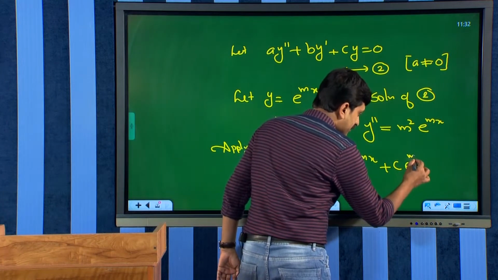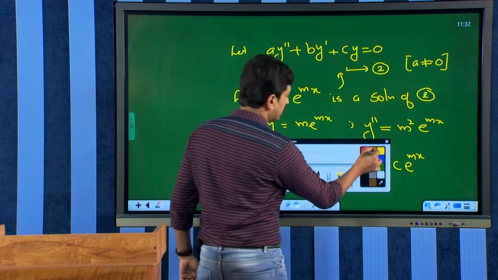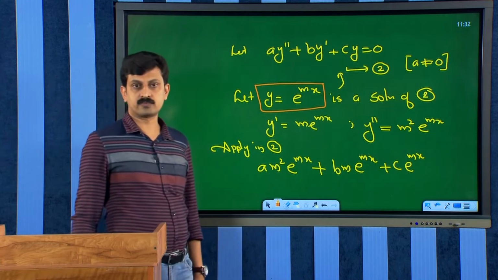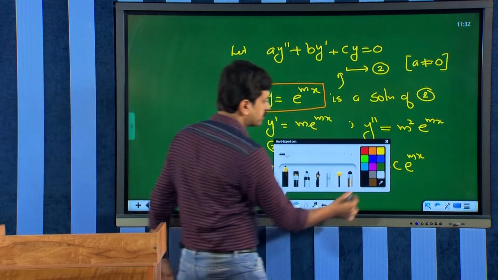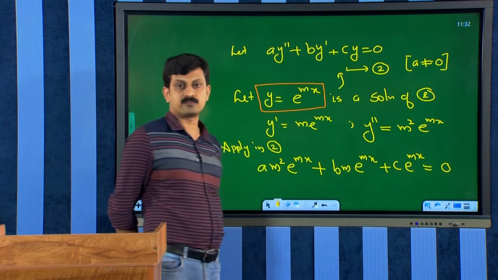Since we supposed y equal to e raised to mx is a solution of the differential equation 2, it should satisfy the equation, therefore the value will be equal to 0.